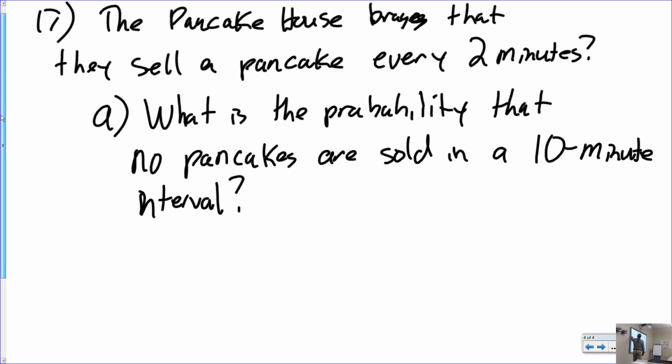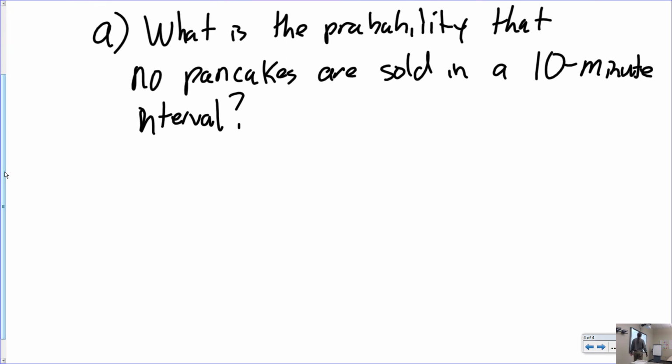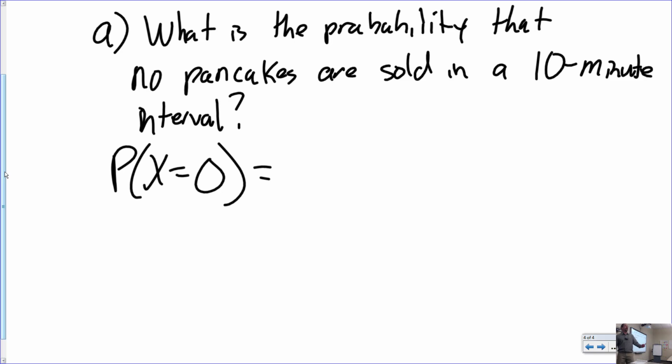All right, so how am I going to do this first problem, folks? What should I be looking for? So 0 will be the x. I'm looking for the probability that x is equal to 0. What's the other value that you have to tell me? Lambda.